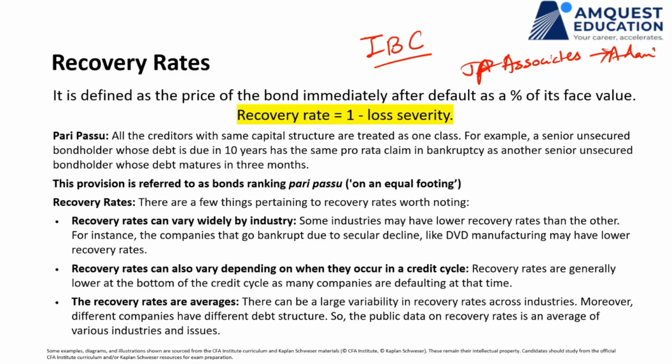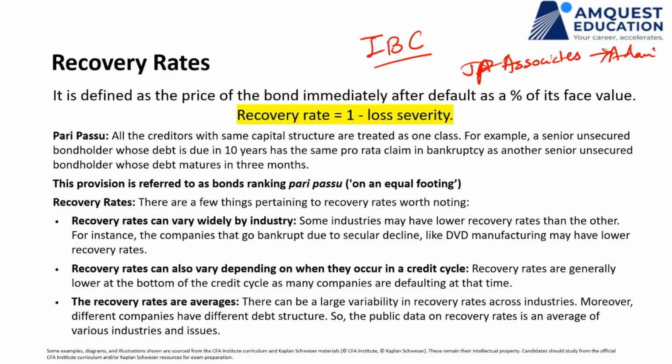For example, a senior unsecured bondholder whose debt is due in 10 years has the same pro rata claim in bankruptcy as another senior unsecured bondholder whose debt matures in 3 months. So if we are similar types of securities, our rights and preferences should be similar, and that is called pari passu. As I think the slide says, the provision is referred to as bonds ranking pari passu, which means on equal footing.